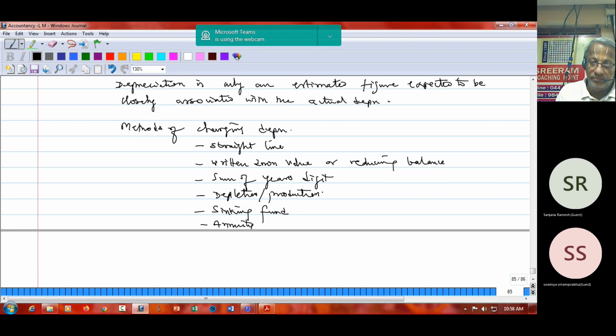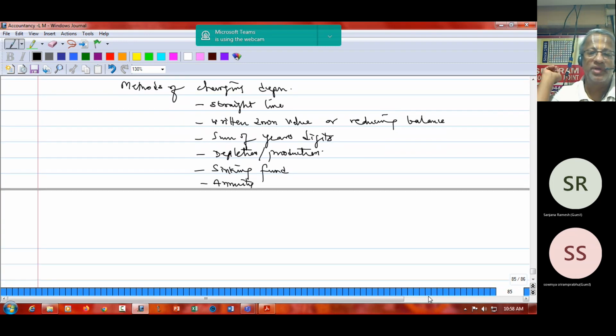So what is that sum of years digits? Sum of the years digits method, depletion or production method, sinking fund method, annuity method, and any other methods. Others.